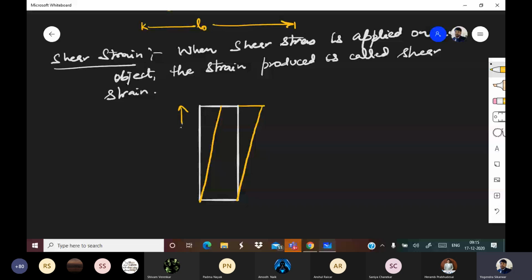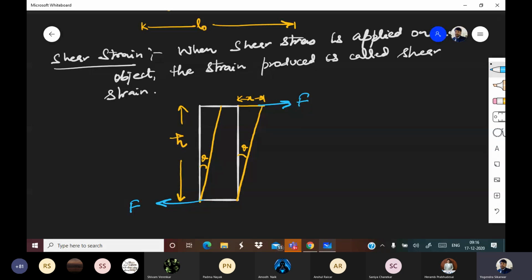So this was the initial height and this deformation is x. All right, so you can see that there is an angle which is being developed here. And obviously there is force which is causing the stress.